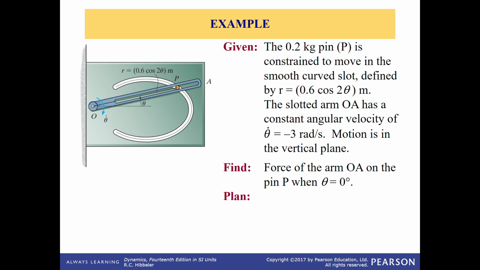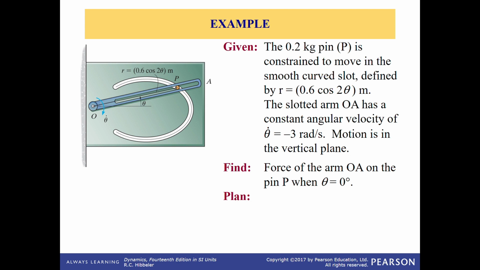Okay, this is the example in this chapter. Given the 0.2 kilogram pin P, this is the pin P, it is constrained to move in the smooth curved slot defined by r equal to 0.6 cos 2 theta meter.